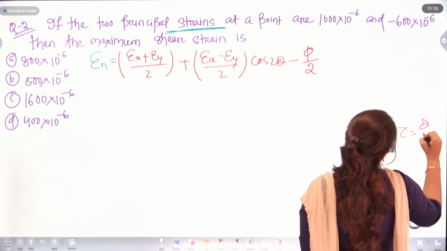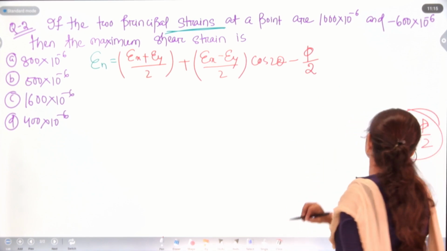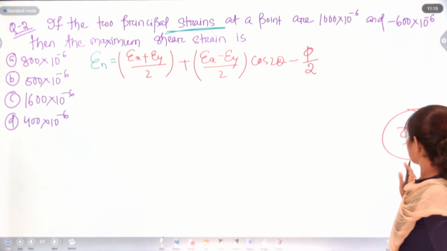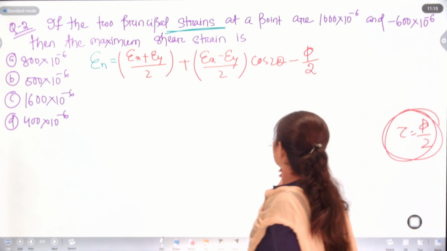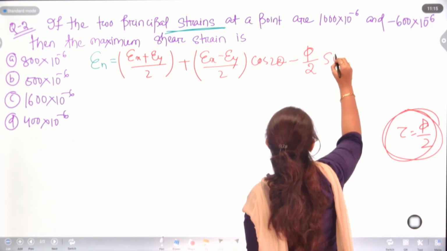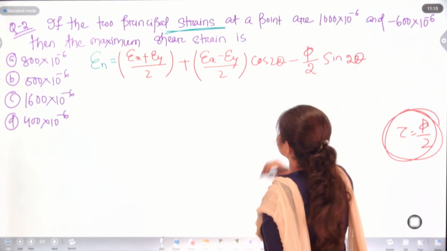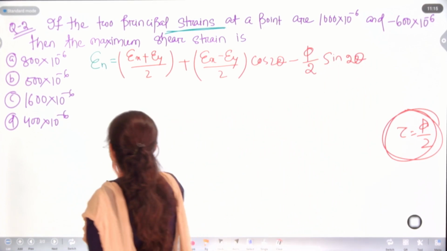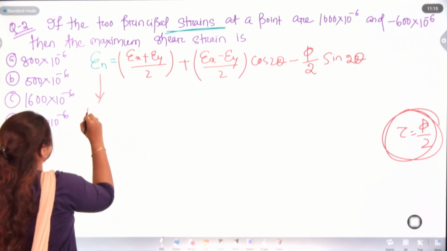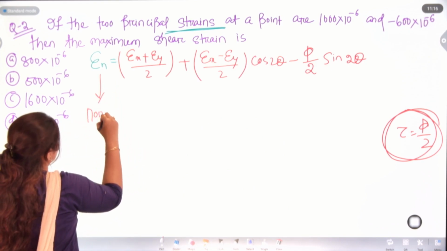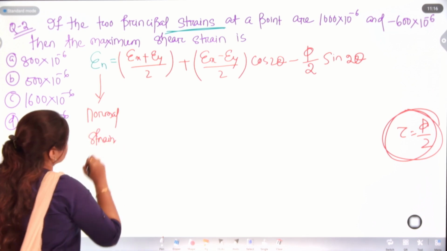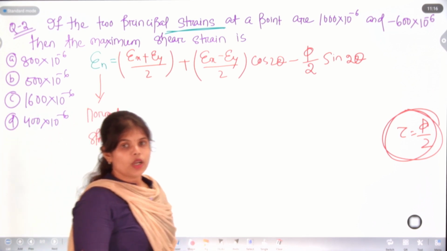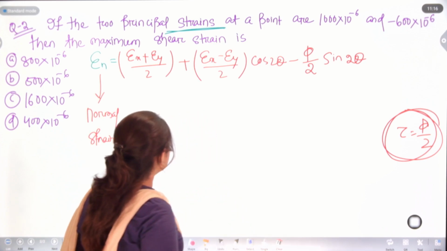Tau is equal to phi upon 2. Okay. There are only this much changes in case of stress and strain calculation. Phi by 2 sin 2 theta. So, epsilon n is nothing but your normal strain. So, we will use this formula.